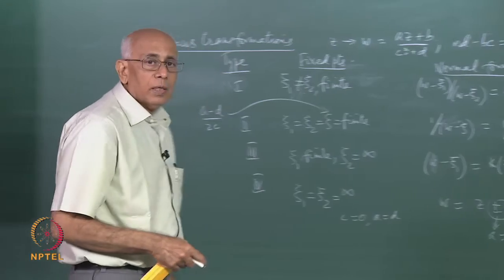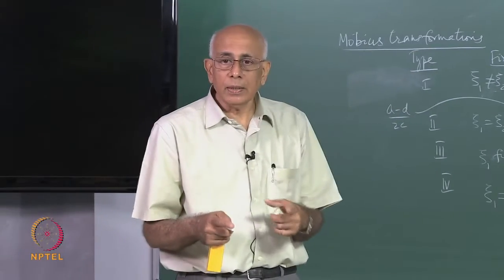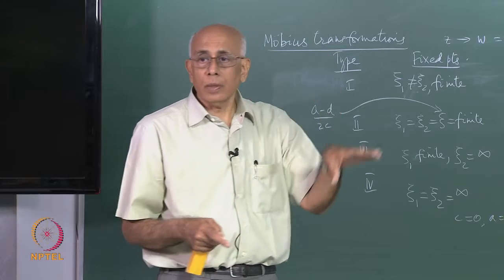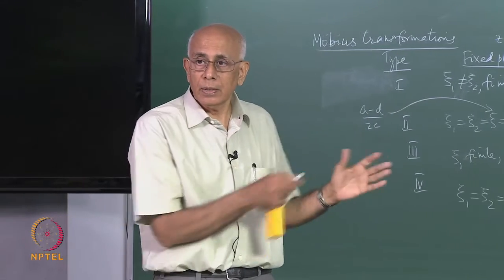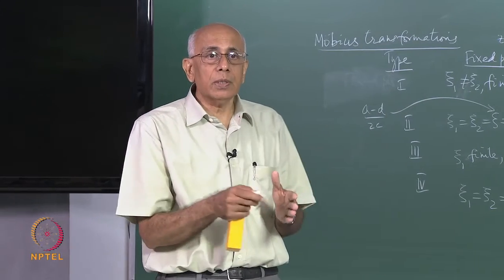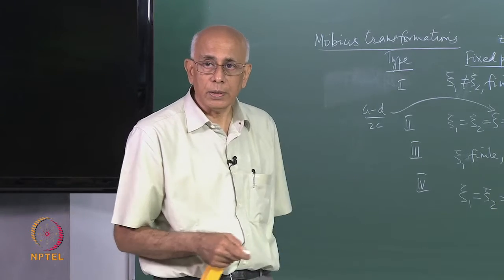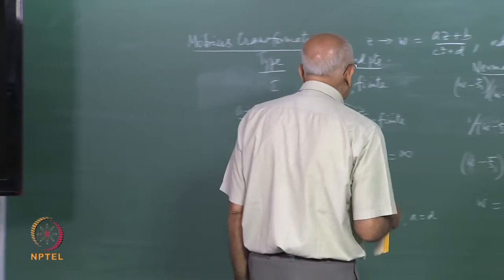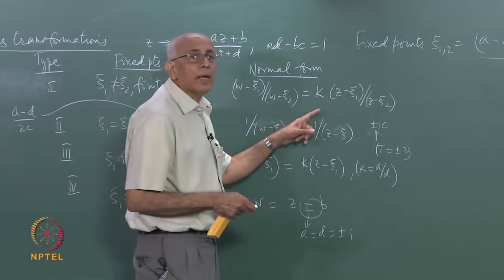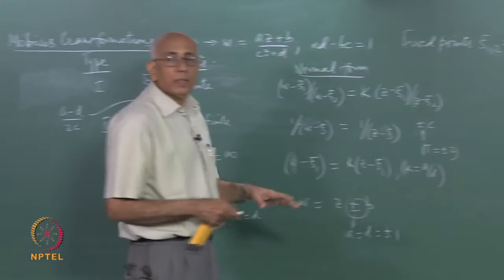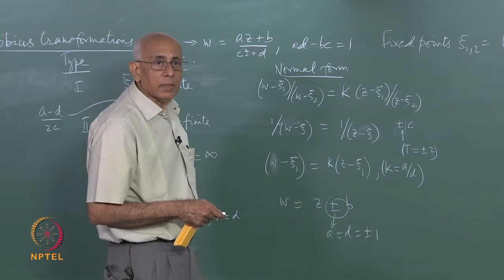Then I argued that if mod k is bigger than 1, then as n tends to infinity all points move towards one of the 2 fixed points, the other one is a repeller, and if k was less than 1 in modulus the roles of these two were reversed, okay. So that helps us see what the role of this multiplier is each time, and that is one more reason why the normal form is of such great significance.